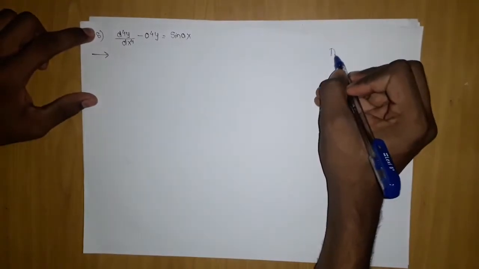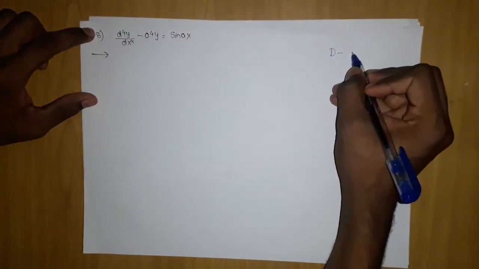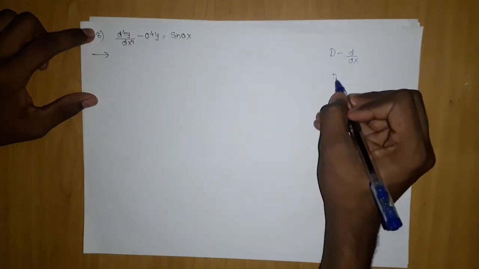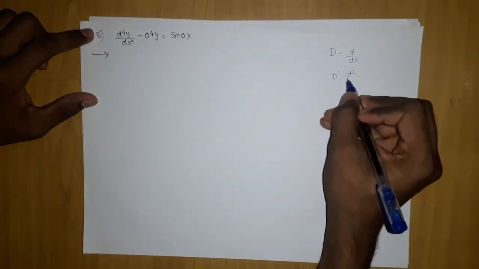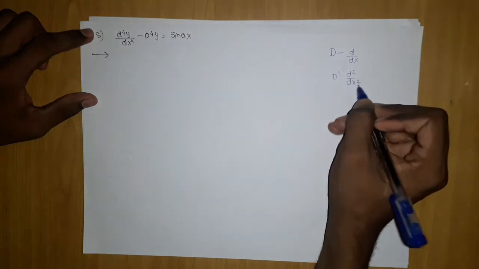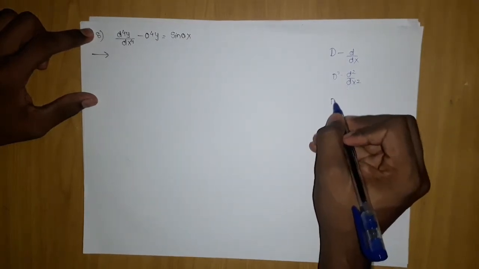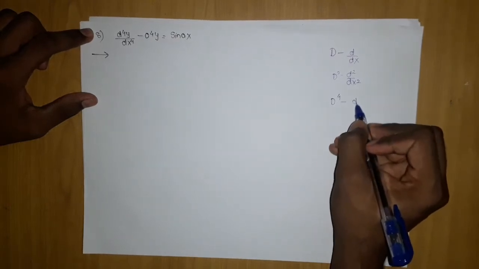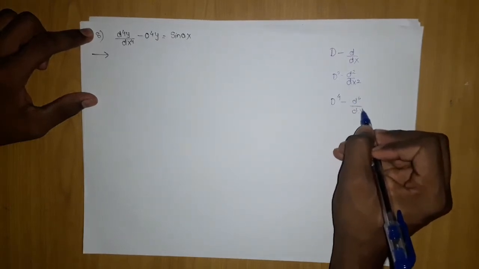First, if you remember, we learned something called the differential operator, which was nothing but d by dx, and we learned that D square is nothing but d square by dx square. Similarly, if I write D power 4, it will be d power 4 by dx power 4.